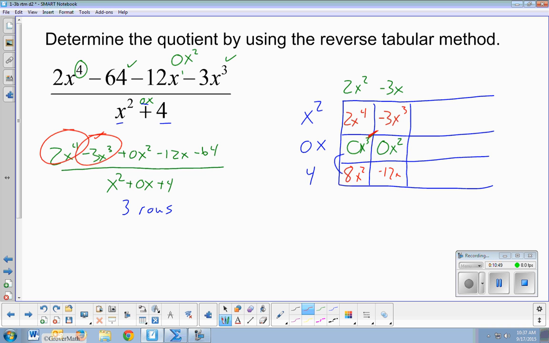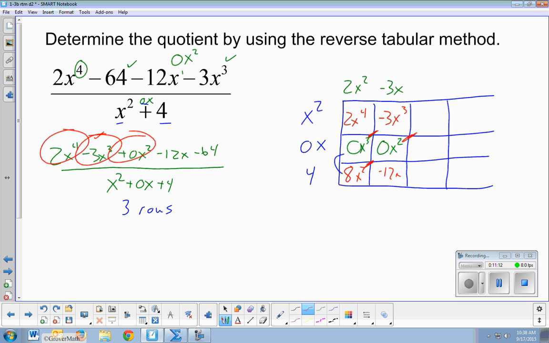Negative 12x. Now, this diagonal pairing here has not just these diagonal two, but this one also. There's 1, 2, 3 boxes that are diagonal like term boxes. So all of those have to combine to be 0x squared. So I need all this to be 0. I have 8, 0.